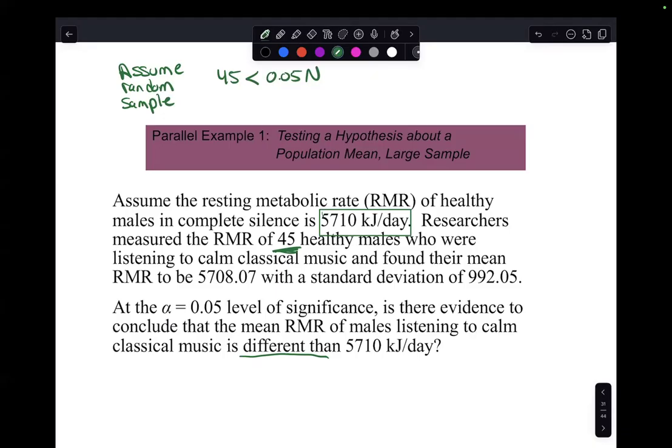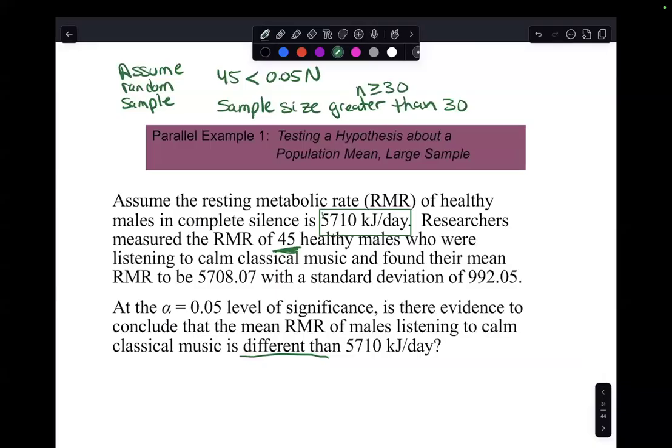There are definitely more than 45 healthy males in the US. So yes, it is less than 5% of our population. Lastly, is my sample size greater than 30? You could just say n is greater than or equal to 30.